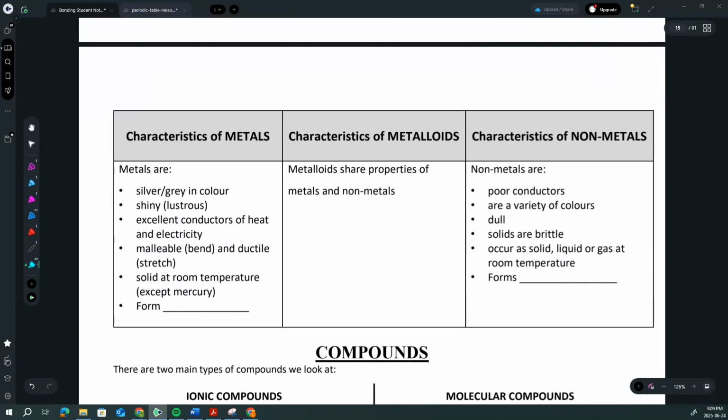So some characteristics of metals are, most of them are silver or gray in color. Most of them are shiny, excellent conductors of heat and electricity. A lot of them are bendable, or you can stretch them a little bit, and they're going to be solid at room temperature, the exception being mercury.